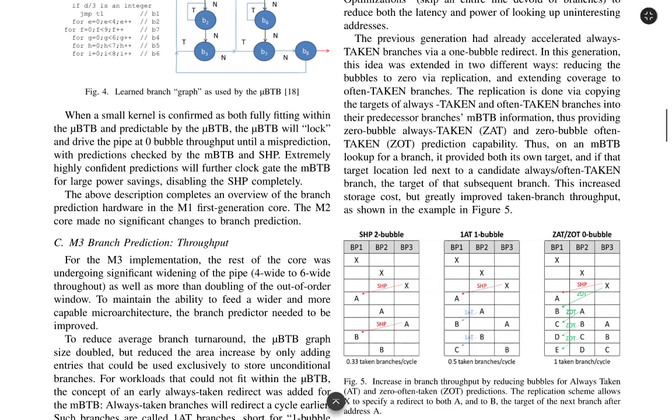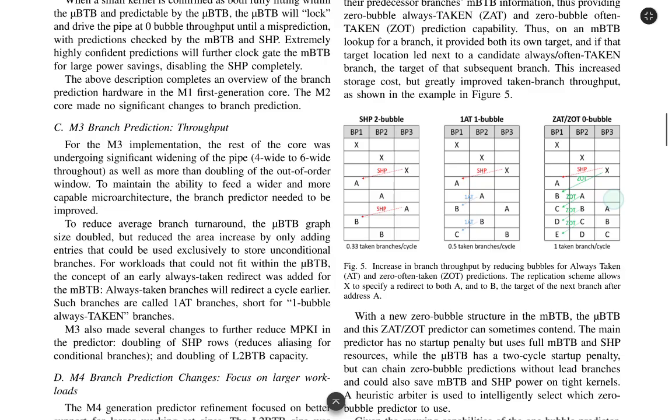Thus, one BTB lookup for the branch avoids both the target and the is-taken lookup; the target location leads next to the candidate always or often-taken branch, the target of that subsequent branch. This increased the storage cost, but greatly improved the taken branch throughput, as shown in the example in Figure 5.